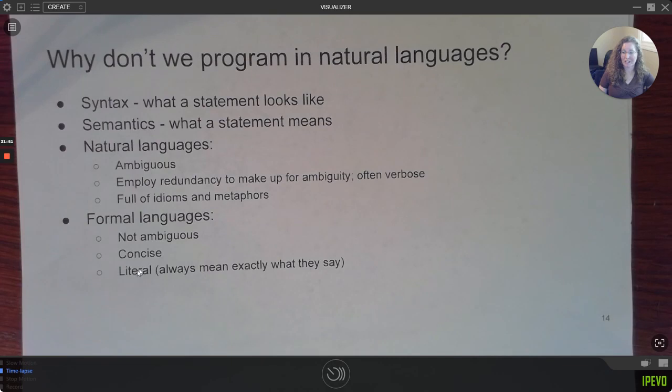And formal languages are always literal. They always mean exactly what they say. When I see a statement, it always means the same thing, and it literally means exactly what it says. It couldn't ever mean anything else. So it's much easier to write something like a compiler or an interpreter to be able to actually do what the program says, because of these characteristics of a formal language: being not ambiguous, being concise, and being literal.